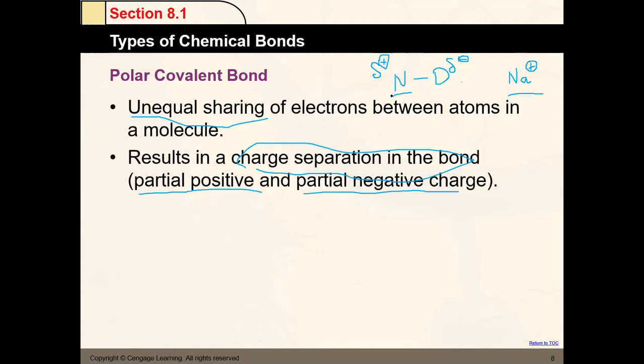Here, nitrogen is not +1. Nitrogen is delta plus, meaning that it has some loss of electrons, but the loss is not enough to become fully positive. So it is a delta. It's partially losing, but it has not fully lost that electron, like in the case of sodium.